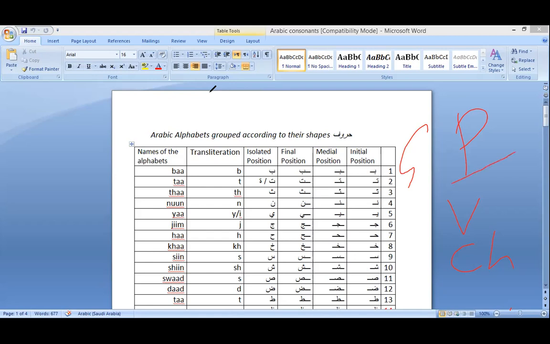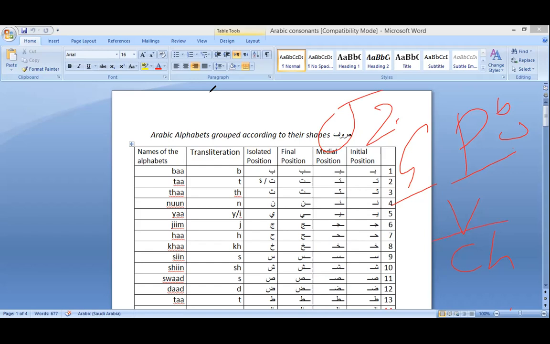For example, if there's no P, there's B in Arabic, so they push that letter to B. If your name is Paul, in Arabic they say Baul. If there's no G, there's J, which is like Ja, so Gabriel is taken to the nearest Ja.